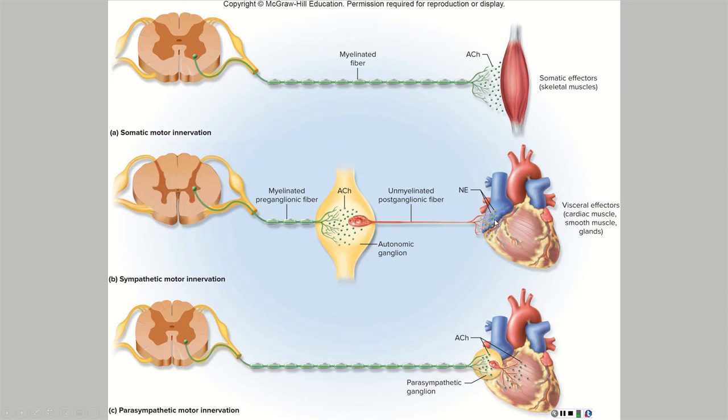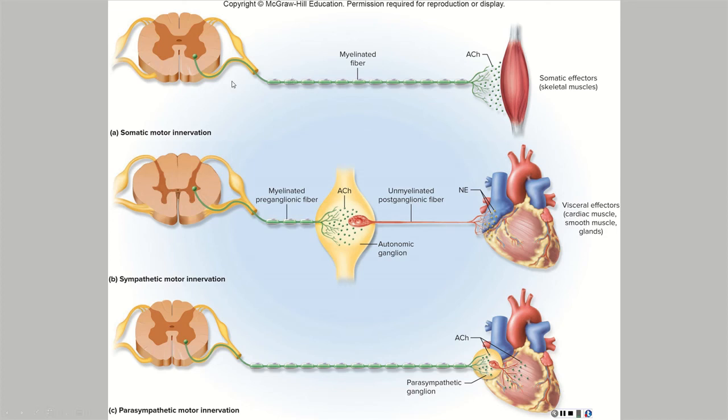It releases the norepinephrine onto the organ that it's innervating. And the norepinephrine has the effects that we think of when we're talking fight or flight. It speeds up your heart rate. It makes your heart beat harder. It causes your blood vessels to constrict. It causes you to breathe faster.